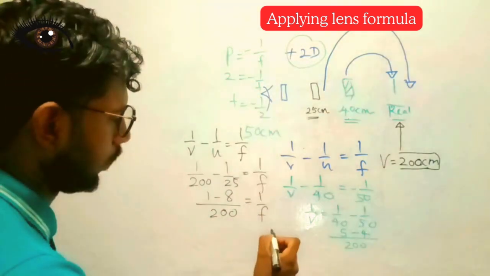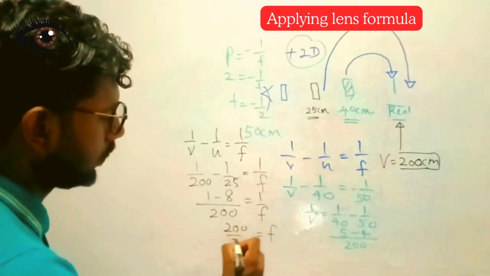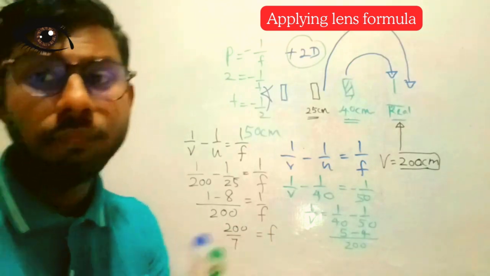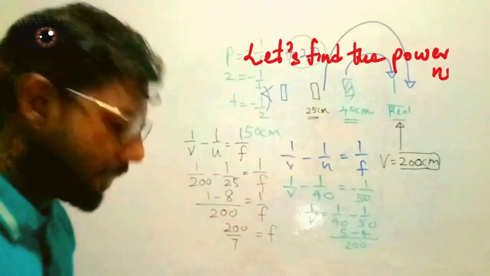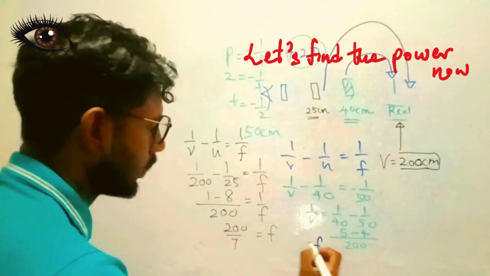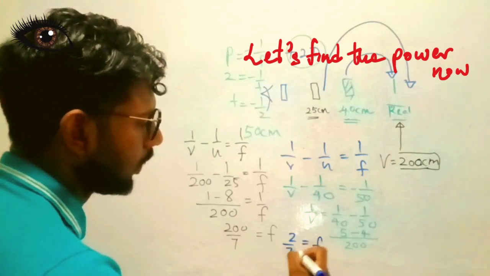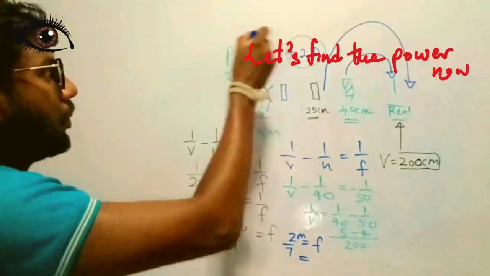Then f equals 200 over 7. They're asking us the power, so we need to convert this into meters. Dividing by 100, we get f equals 2 over 7 meters. We need to find the power now.